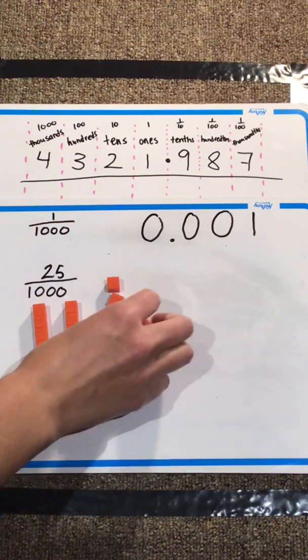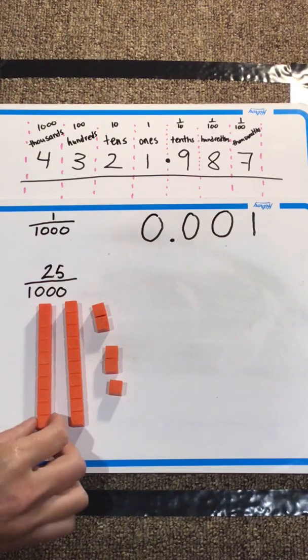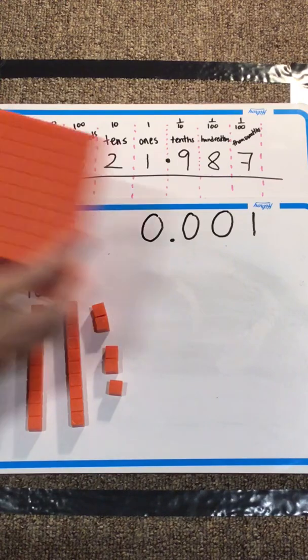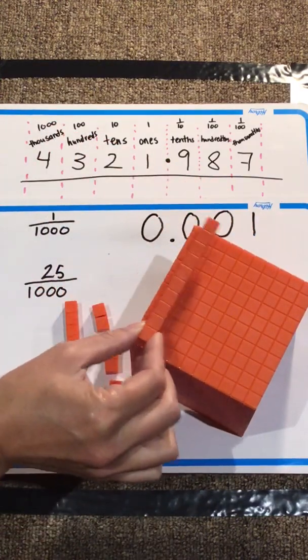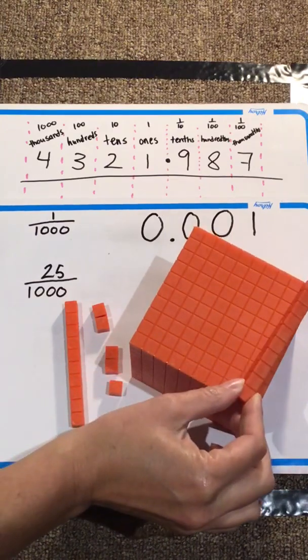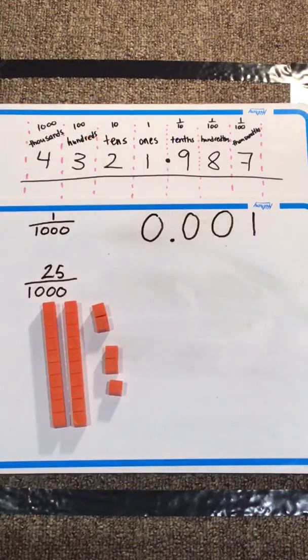Okay, so I've got 25 of those pieces. The next question is how many of these does it take to fill up one of those? There's 10 of them in each spot, and there's 10 layers. 10 times 10 is 100.